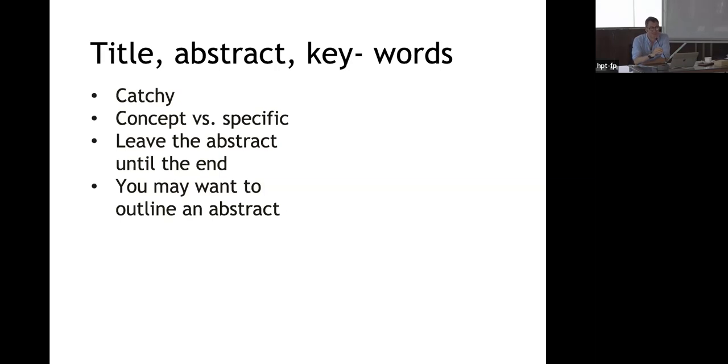The abstract is usually written at the end. Once you have the whole draft, you prepare the abstract. But you may want to outline it already a bit, since you know the number of ideas you can define in the abstract, so you think about what you are going to write.